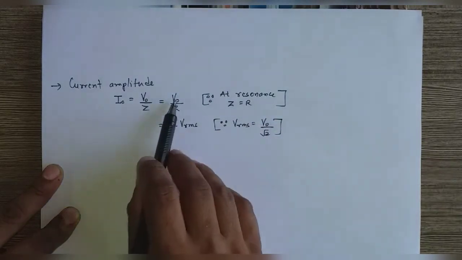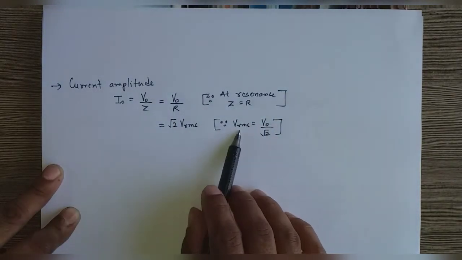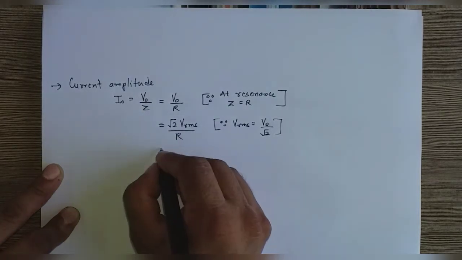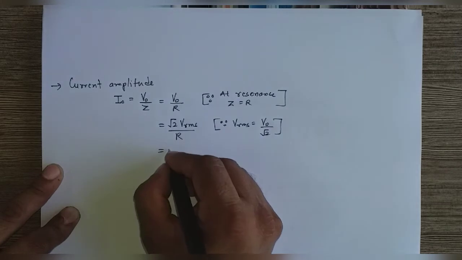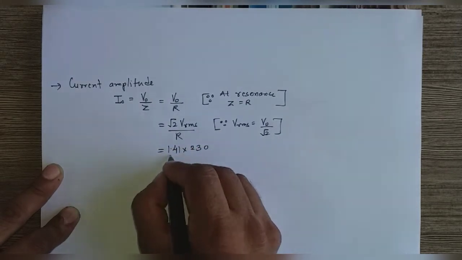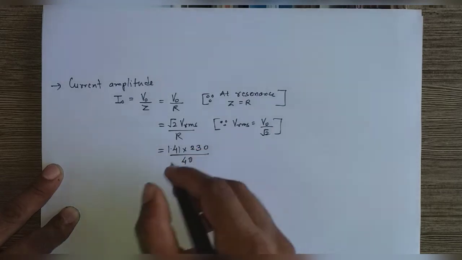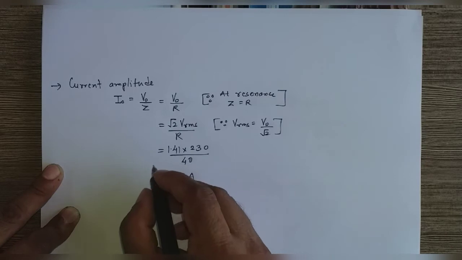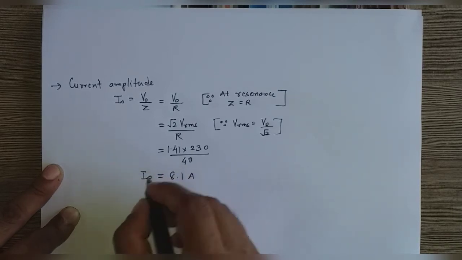So it is root 2 VRMS whole by R. Putting all values, 1.41 into the RMS value 230, and R value 40, the answer is 8.1 ampere. This is the amplitude of current.